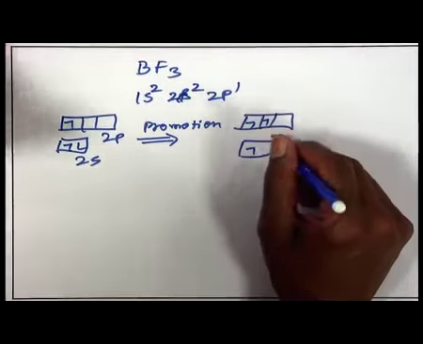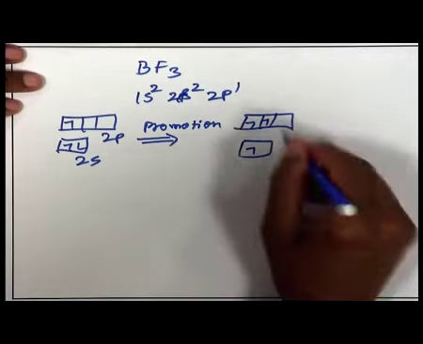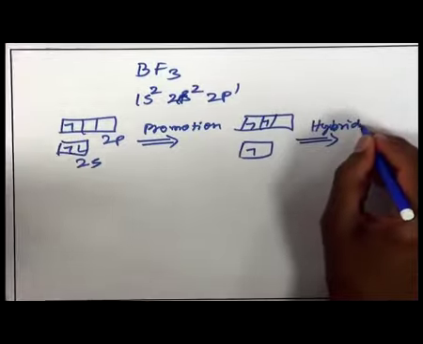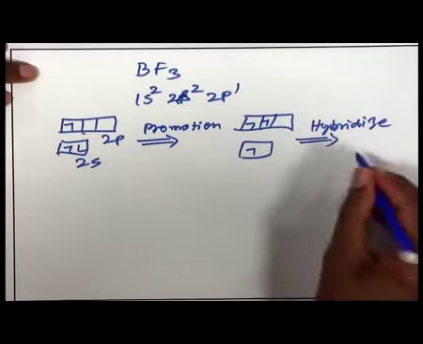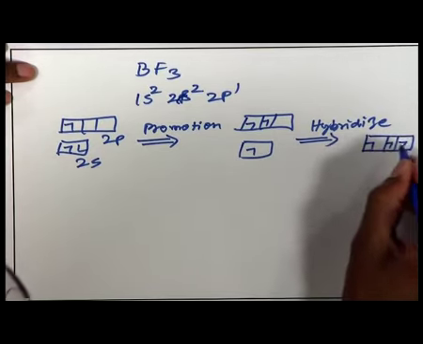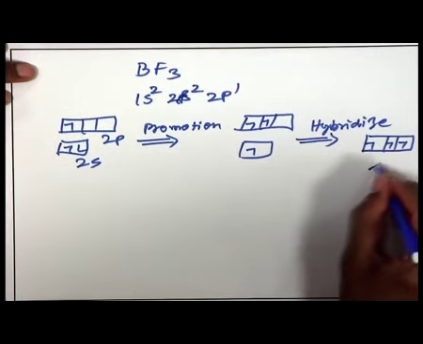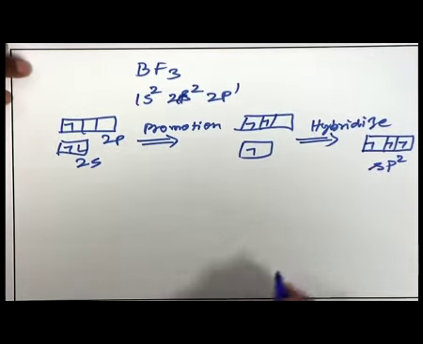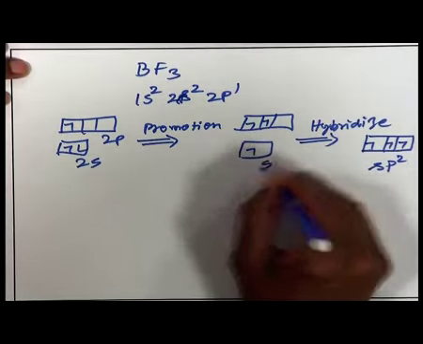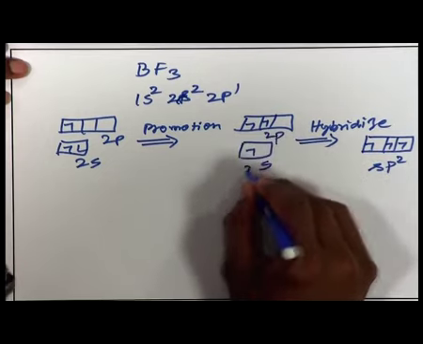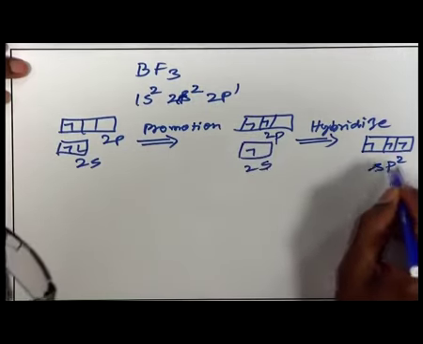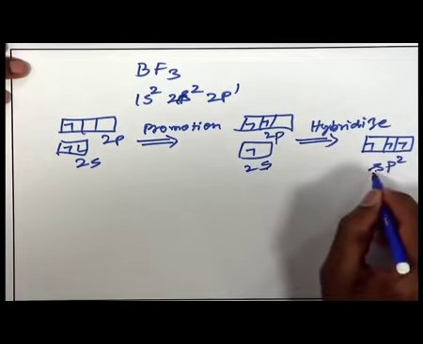After promotion of the electron, they combine and hybridize to give 3 equivalent orbitals containing 1 electron each. It is called sp2 hybridized orbital, because 1 s orbital combines with 2 p orbitals.